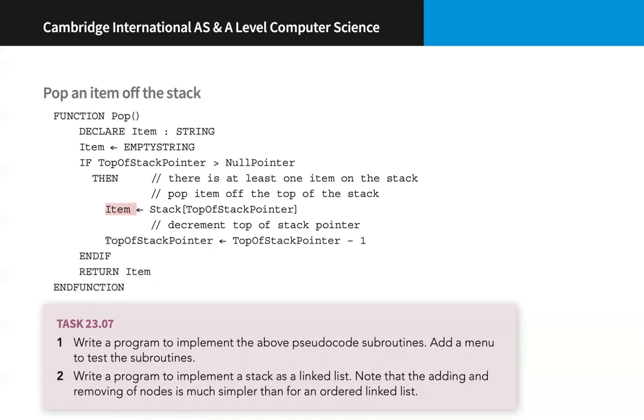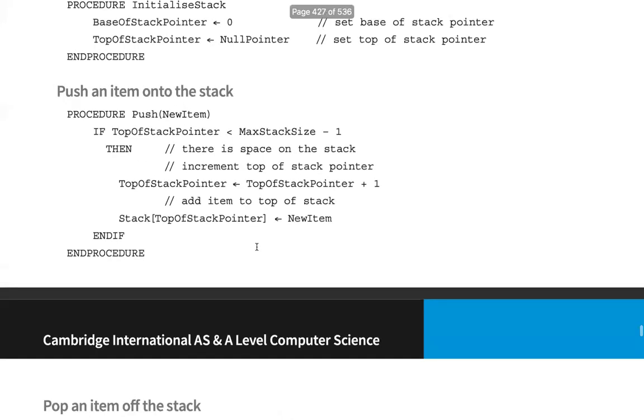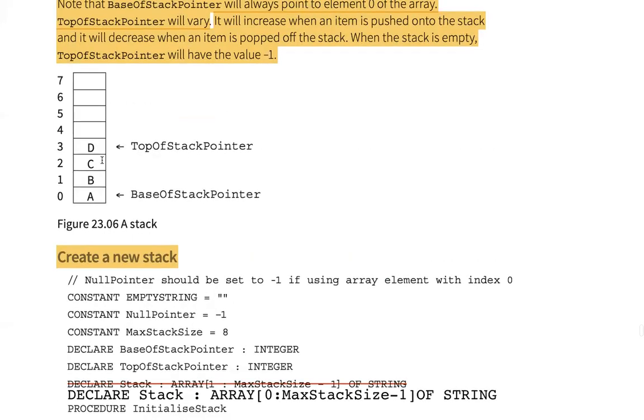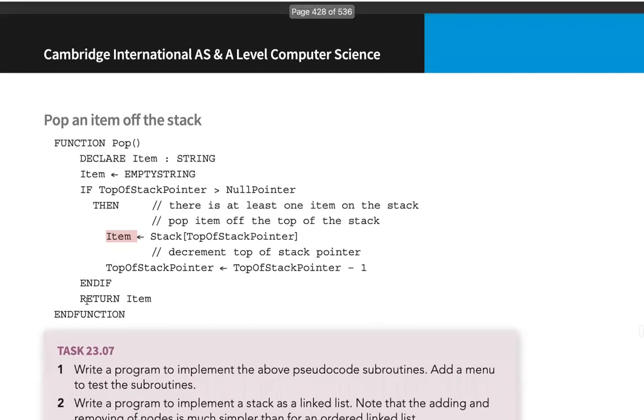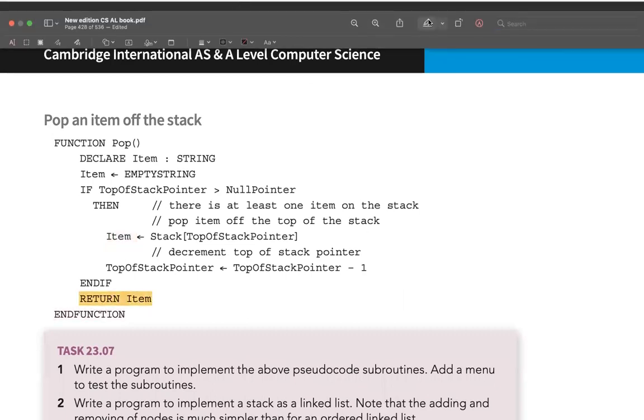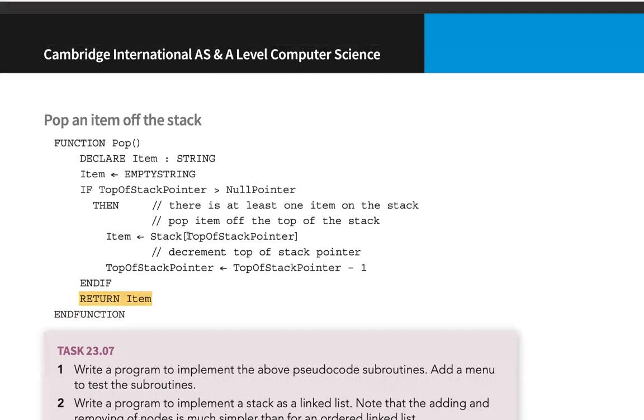After that, I will decrement my top of stack pointer to point one place below it. And afterwards, I will simply return the item that I just assigned from the previous top of stack pointer. So basically, this is the effect of popping an element.